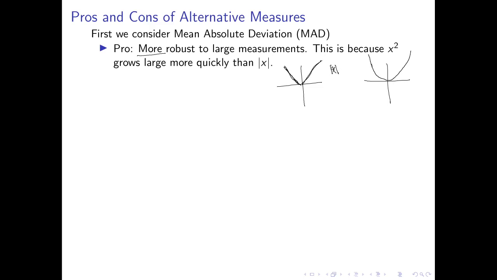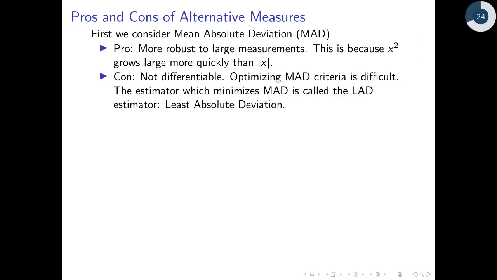So when you have large values in this squared, they're very large, whereas large values here are less large, just because of the rate of change there. I say this is a pro because the mean absolute deviation is more robust to outliers. If you had one large outlier, it tends to not skew your results as much as it would RMSE.